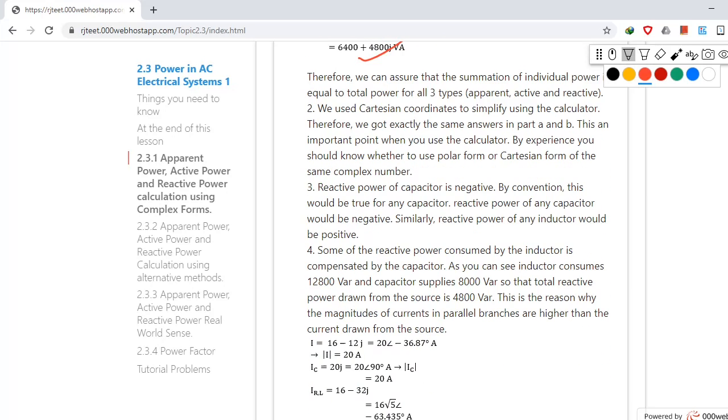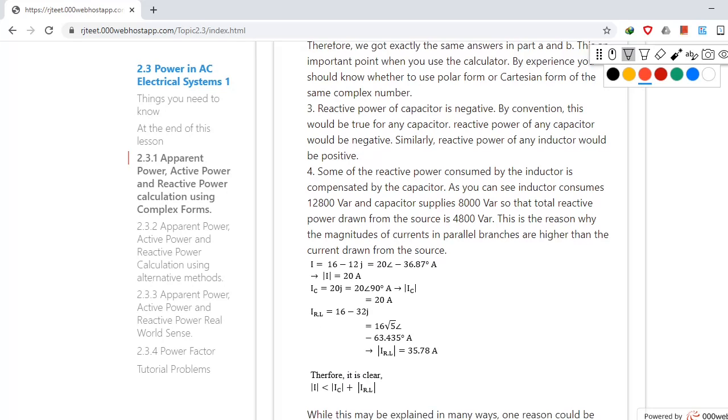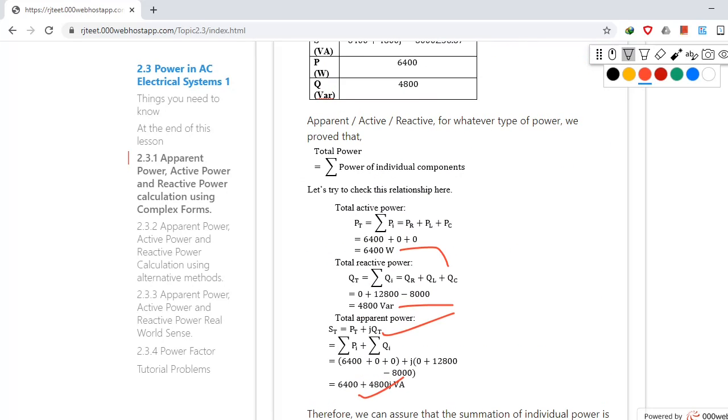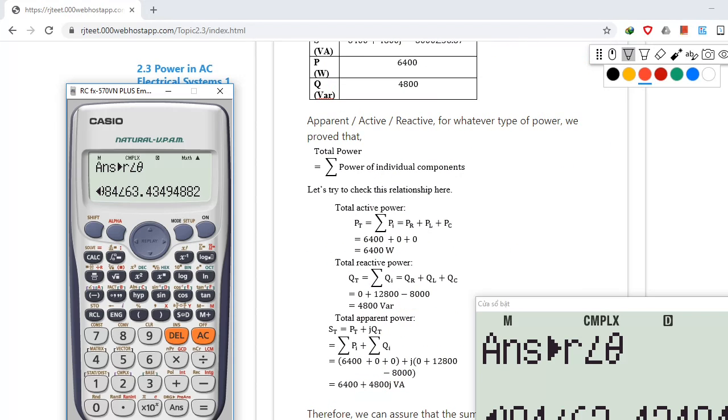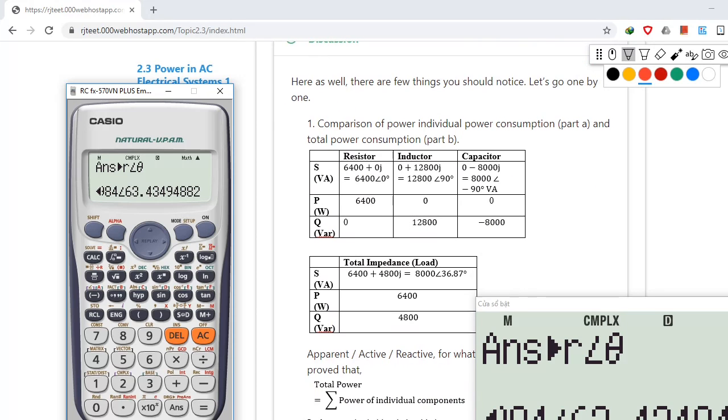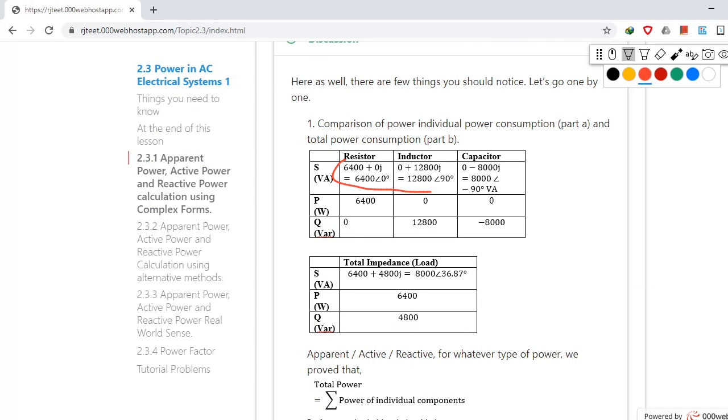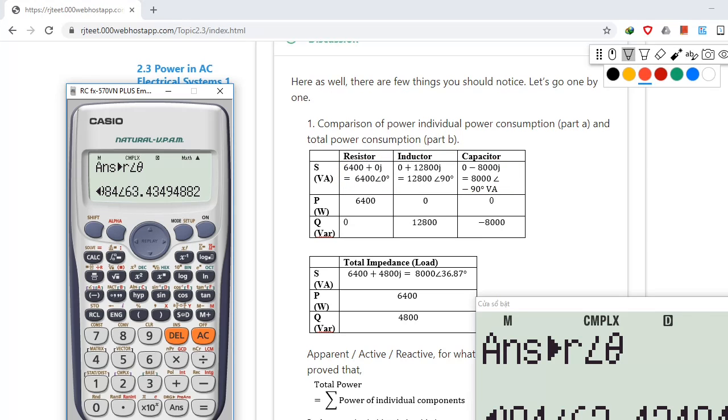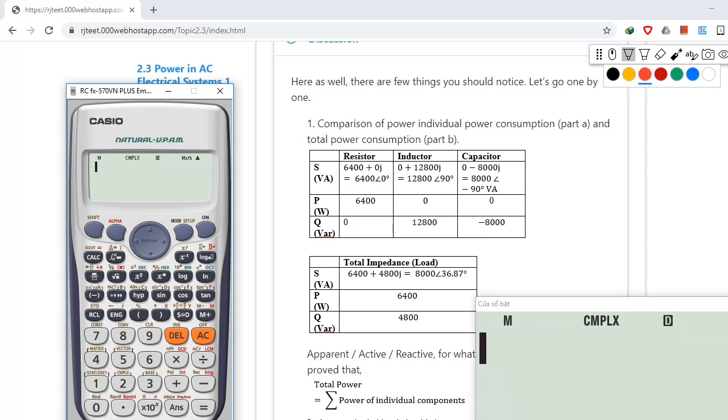And in the same way, if I happen to calculate the total apparent power, right? So here we have the individual apparent powers, and what I'm going to do is add them up using the calculator as complex values.